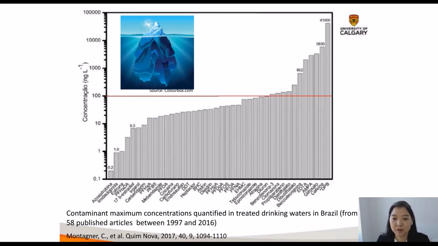However, they also found caffeine, about 5.8 micrograms per liter, and benzoylecgonine, which is the main metabolite of cocaine, at about 652 nanograms per liter. So because there is caffeine and metabolites in the drinking water, this tells us that there's a significant de facto wastewater reuse coming into the drinking water.